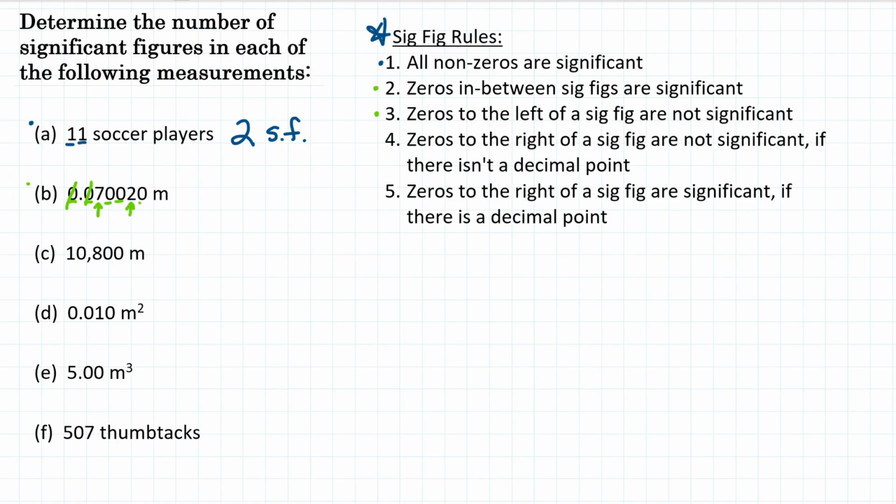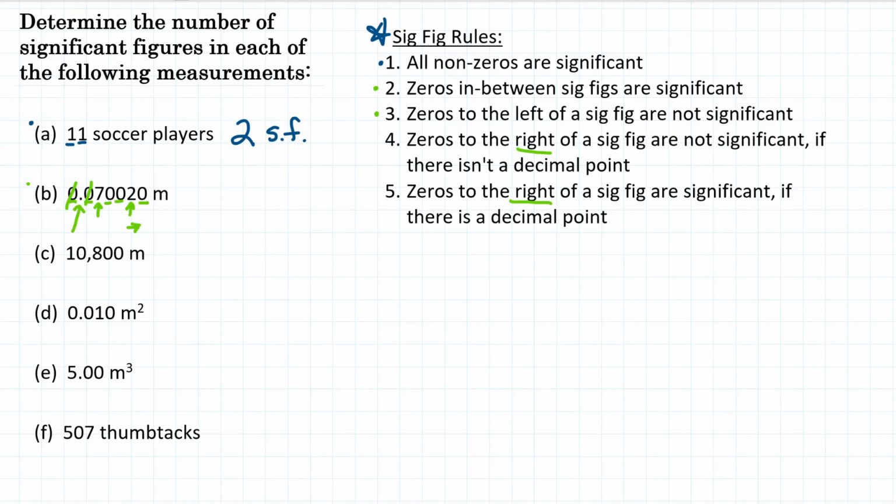And then we have the last 0 here that is to the right of the 2, which is a significant figure. So we have rules 4 and 5, which both talk about zeros to the right of a significant figure. And the difference is if there is a decimal point or not. Looking at our number, we see that we have a decimal. It's 0.070020.